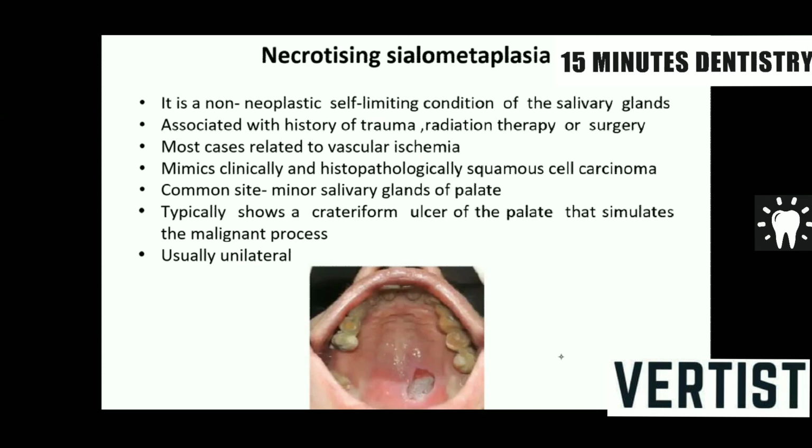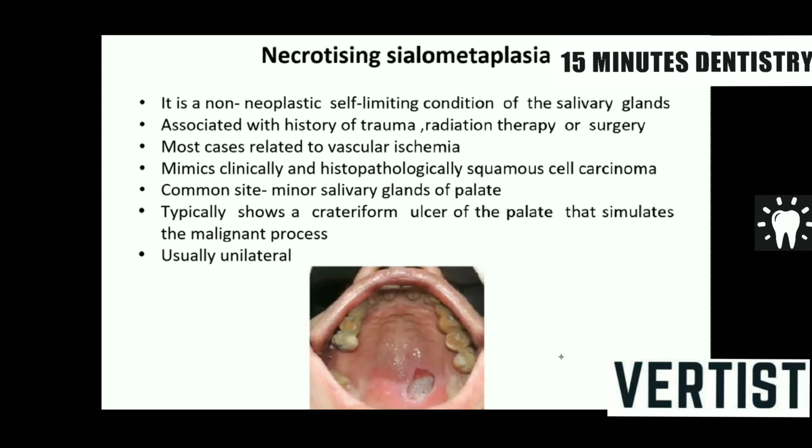A clinician may think this is a malignancy which is perforating the palate, or if it is a little closer to the center, you may even think of a gumma, but of course this is not in the center. This is usually unilateral, and it is associated with a history of trauma, radiation therapy, or surgery.